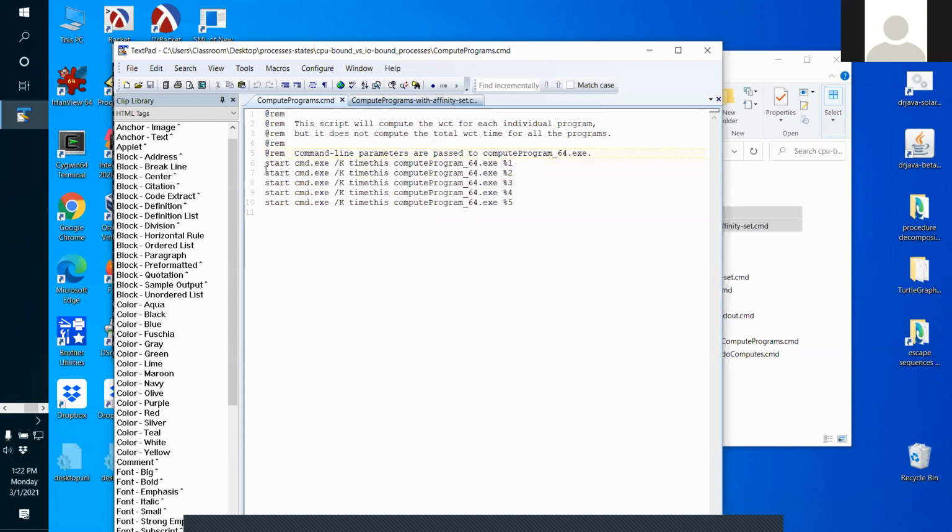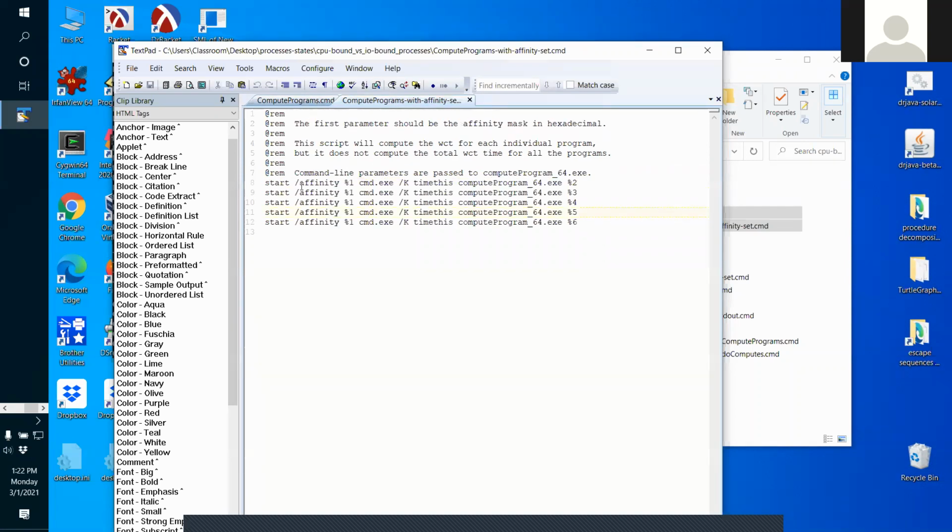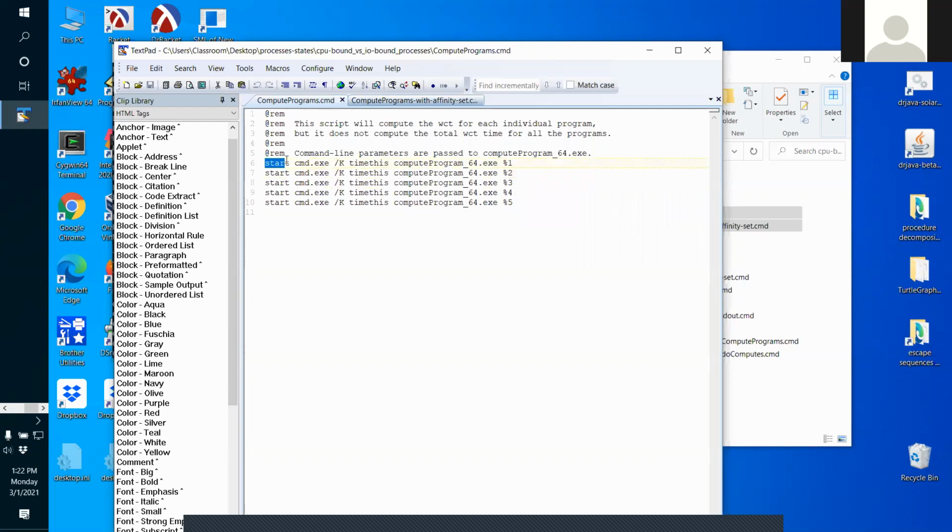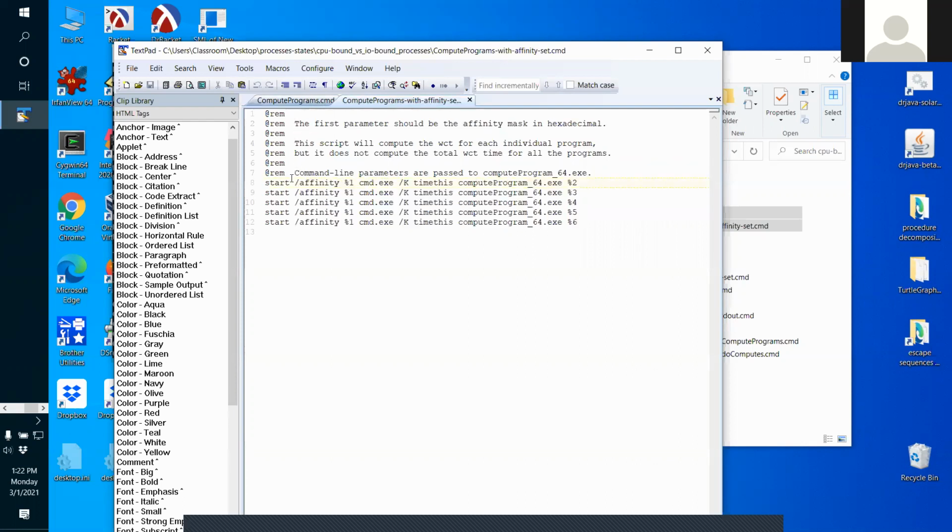Then this script launches another CMD in a separate window, and that CMD runs time this on a compute program with a different parameter. This one does the same thing, but just before starting the CMD, it sets the affinity mask for the CMD.